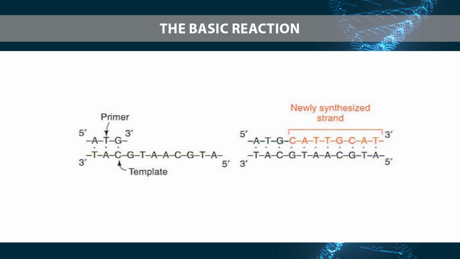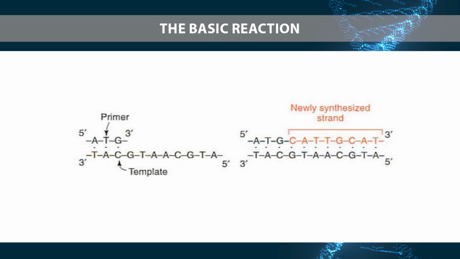That is, one strand runs from 3' to 5' direction, whereas the other one will run from 5' to 3' direction. Okay. So, here we can see that ATG was a primer sequence, and the red one shows that the new strand is being synthesized complementary to the template strand.